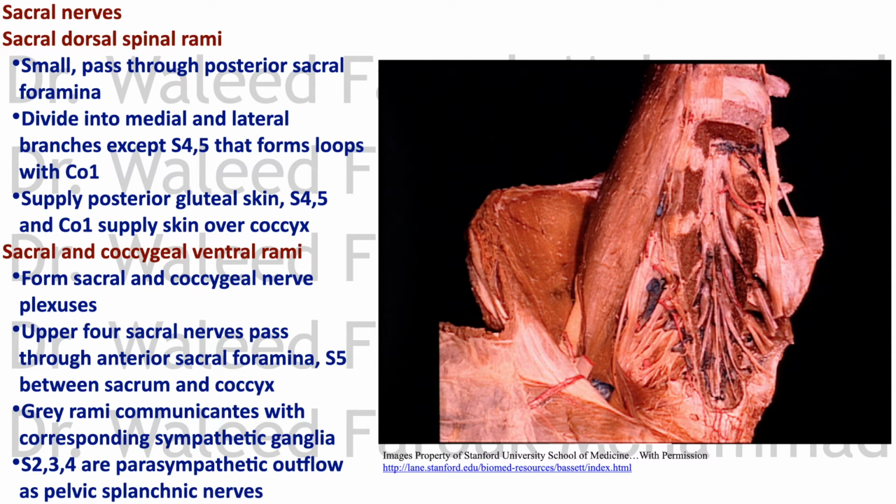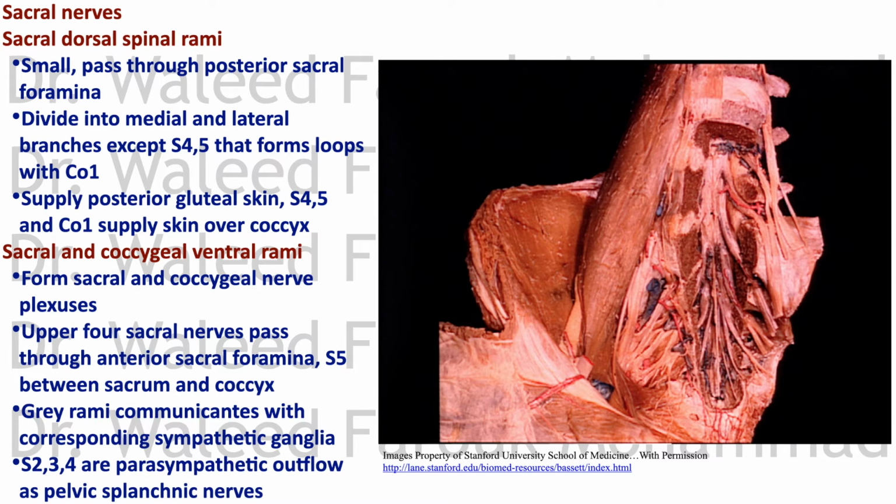So the sacral dorsal rami are small and they pass through the posterior sacral foramina. They divide into medial and lateral branches to cover a strip of skin that it supplies. And this applies to the sacral nerves except the S4 and 5 and CO1 that form loops of the sacral nerves.